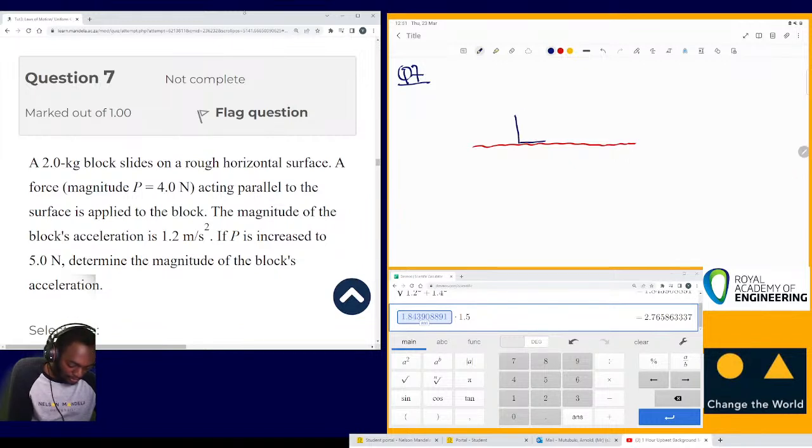So this is our block with a mass of 2 kilograms, and it's sliding through a horizontal surface with a force of 4 newtons.